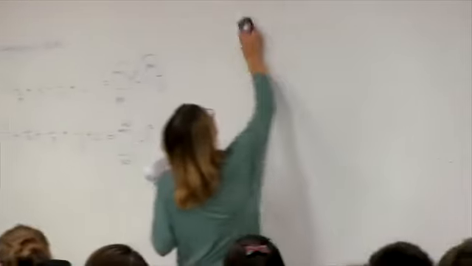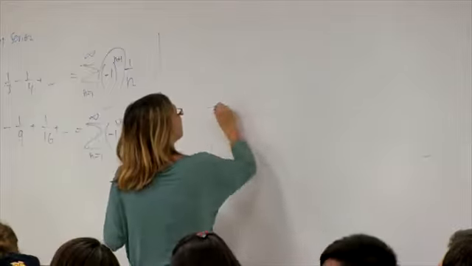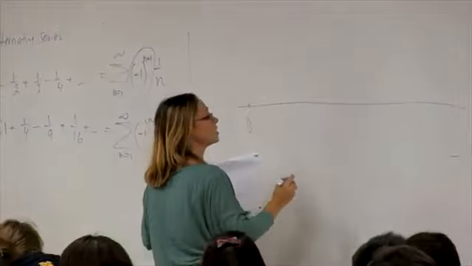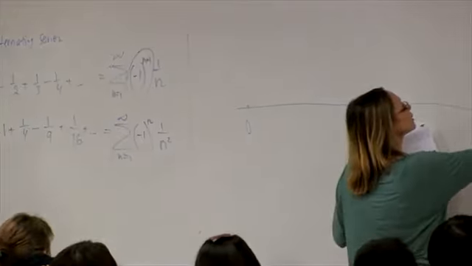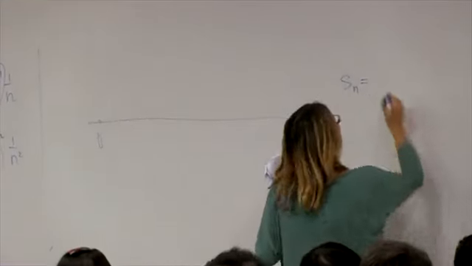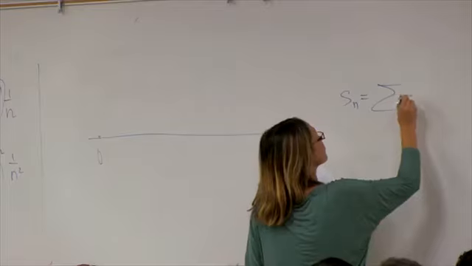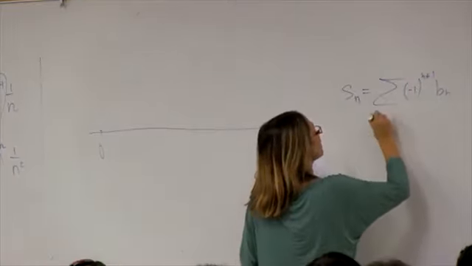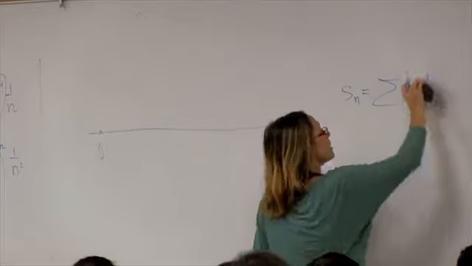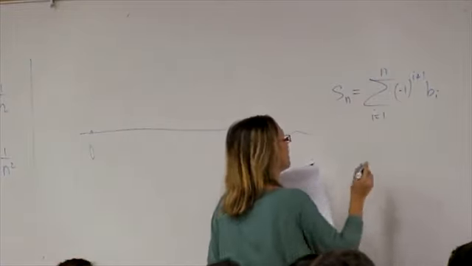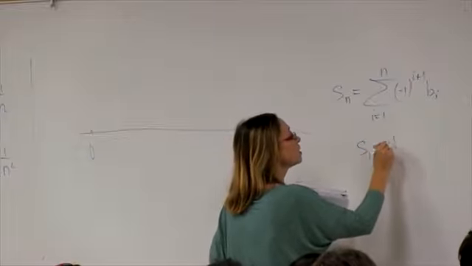I'll show you intuitively what this means. Why does it work like this? I'm going to plot a number line, and let's suppose that this is 0. We're going to look at partial sums, adding from 1 to n.